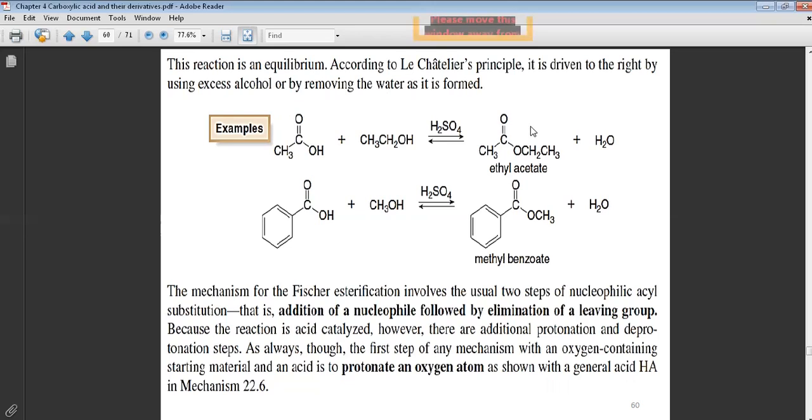Okay, I think you took the Le Chatelier principle before. If we increase the concentration of the reactant, that means the reaction will be pushed on this side, from the left to the right.